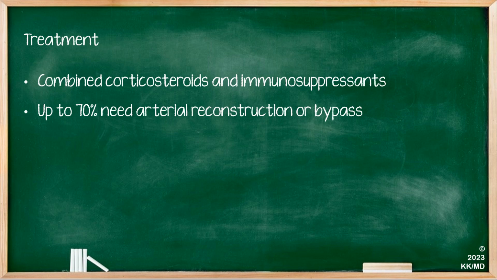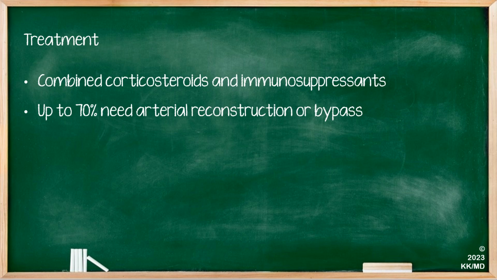Treatment of it normally requires a combination of corticosteroid and other forms of immunosuppressants, and up to 70% of cases will need arterial reconstruction or bypass. The in-depth treatment of this is, from our perspective, quite unlikely to be expected from an internal medicine trainee who's trying to sit the MRCP examination.